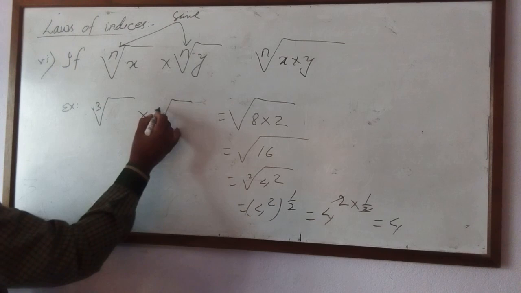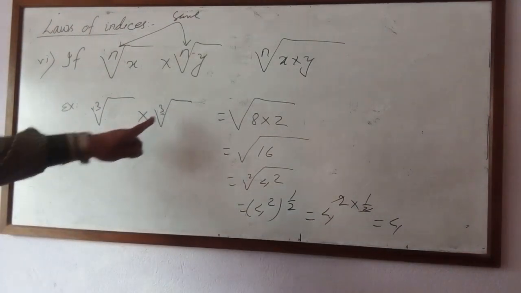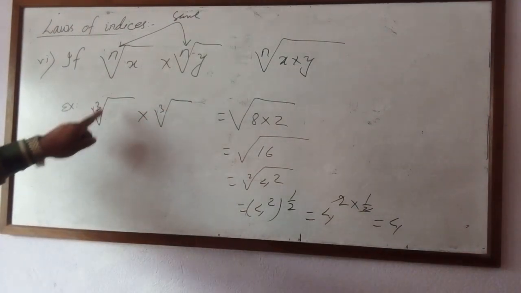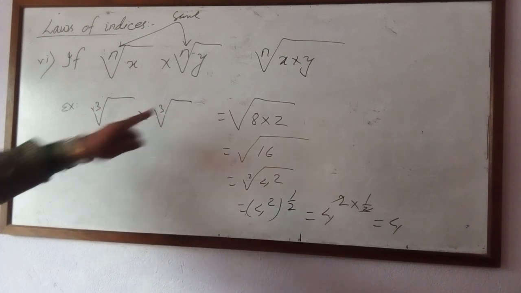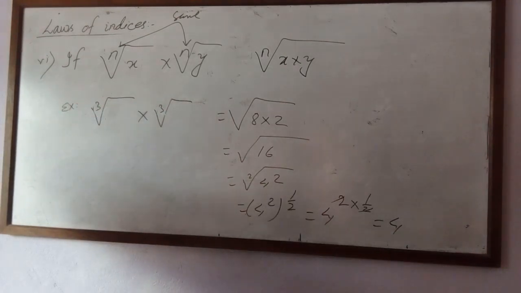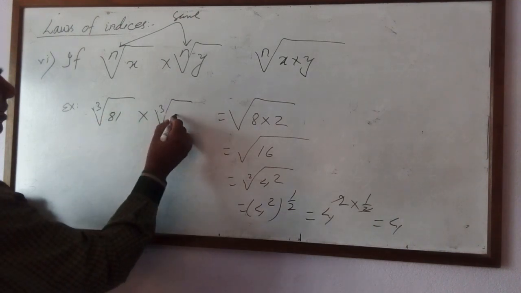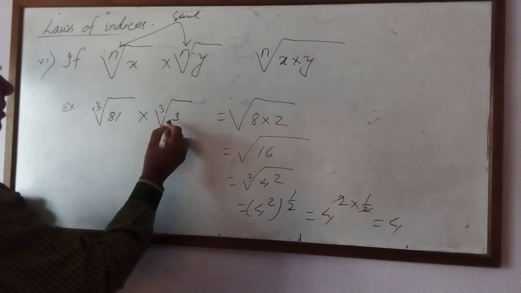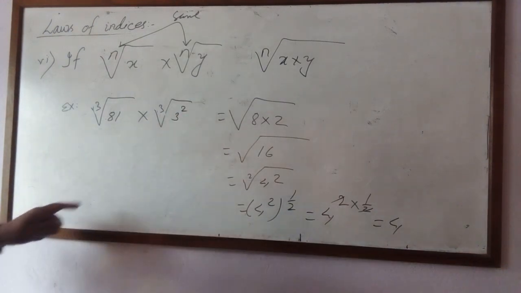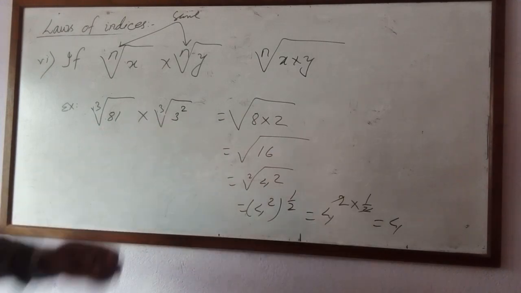Another number also you can take. I write here 3. If there is nothing written, then always you have to understand there is 2. But right now 3, here also 3, here also 3. Here is 81, and here is 3 square.